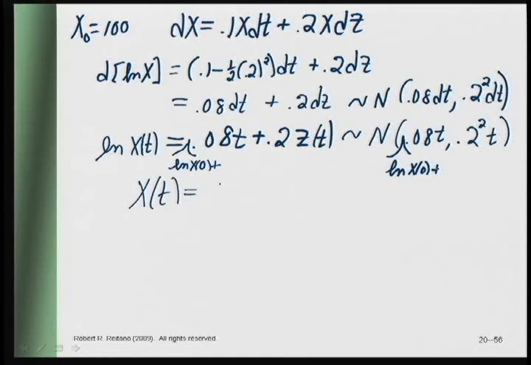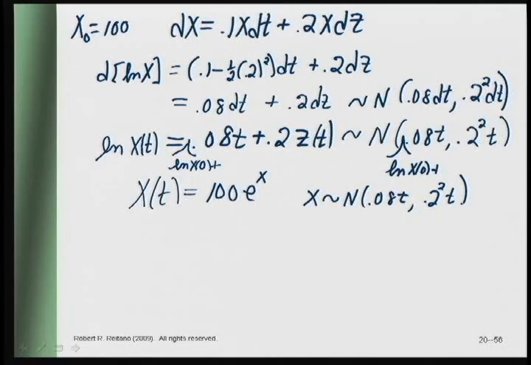So from that, I can now exponentiate that formula, and I get x of t is equal to x of 0, which is the 100, times e to a normal variable. And that normal variable has exactly the mean we started with, 0.08 t, and variance 0.2 squared t.